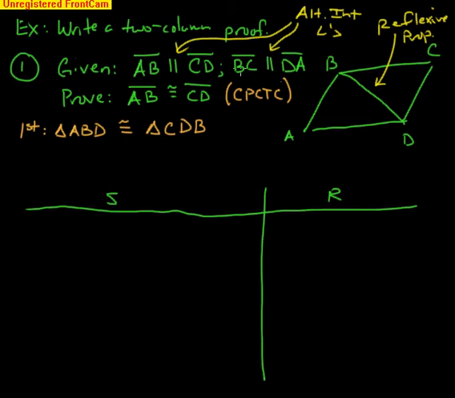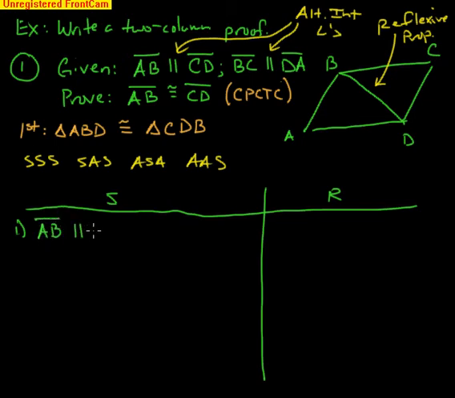So I'm thinking maybe angle, and then the reflexive property for this side. So I'm thinking something with an angle, and 2 angles and a side. So let's write down our 4 ways: side, side, side; side, angle, side; angle, side, angle; angle, angle, side. There's our 4 ways.